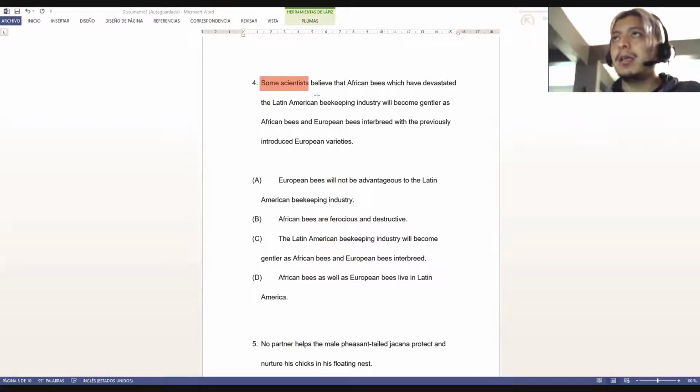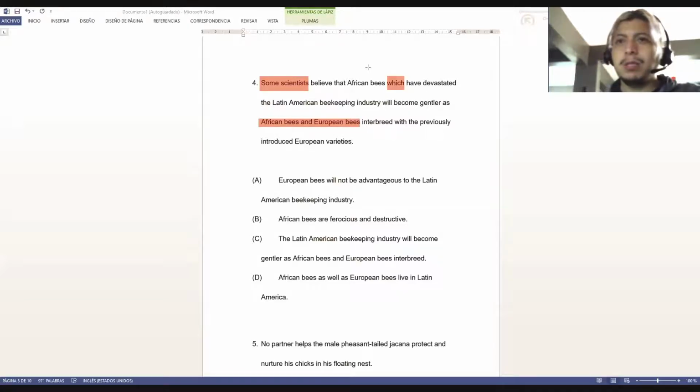Some scientists believe that African bees, which have devastated, which is a relative pronoun, this means the bees, have devastated the Latin American beekeeping industry, will become, well, the same African bees will become, sorry, the same subject, the African bees will become gentler as African bees and European bees interbred with the previously introduced European varieties.